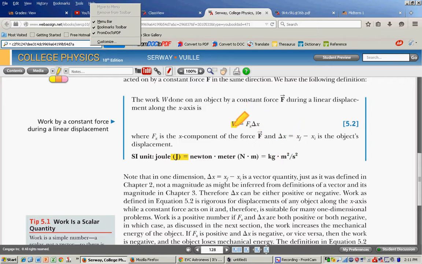Work is a scalar, meaning the product of a force per displacement. When you convert that to a scalar quantity, it is F displacement cosine of the angle between those two.